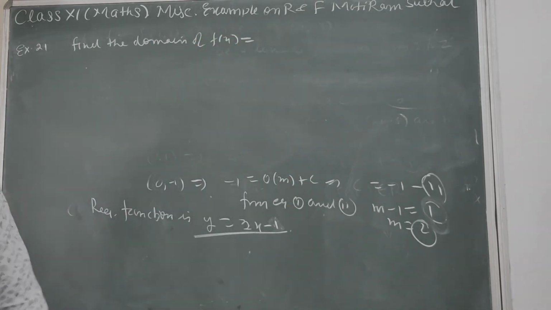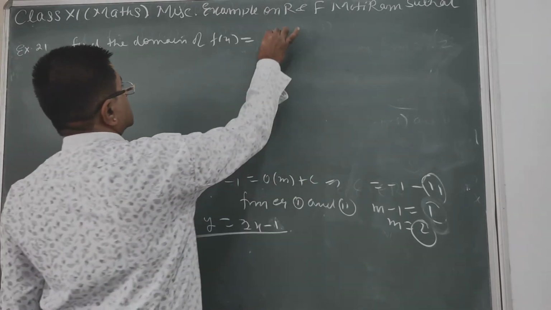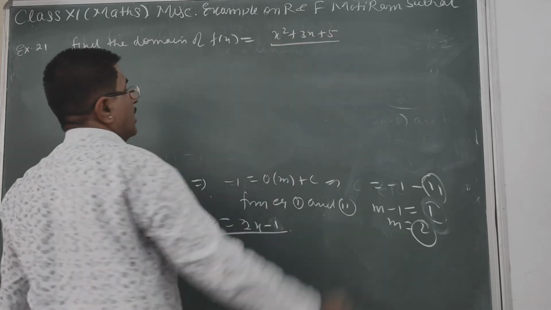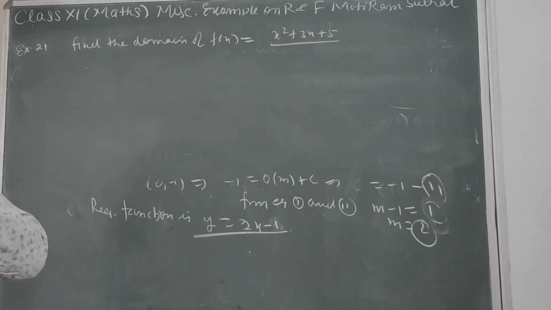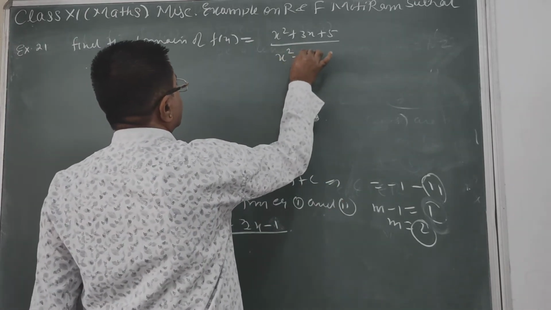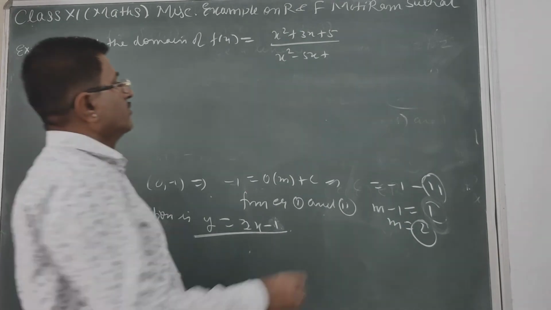The form of rational function, that is (x square plus 3x plus 5) upon (x square minus 5x plus 4).